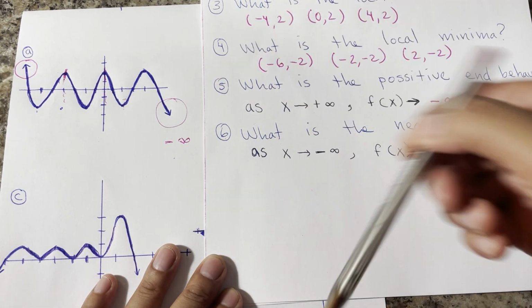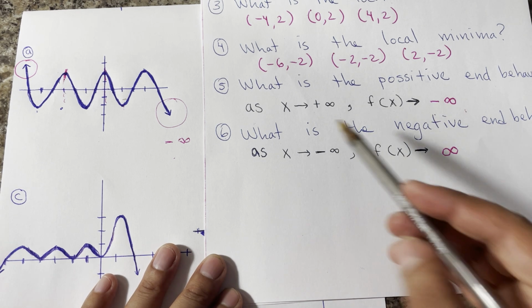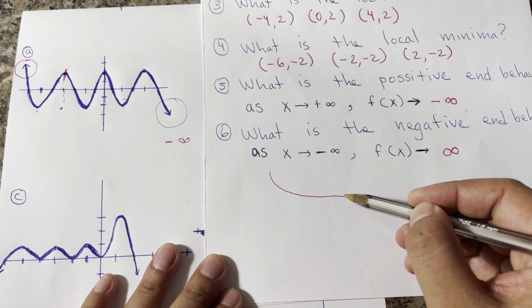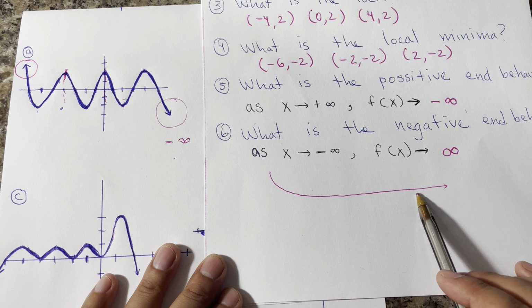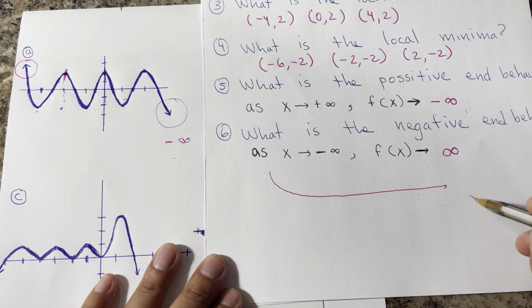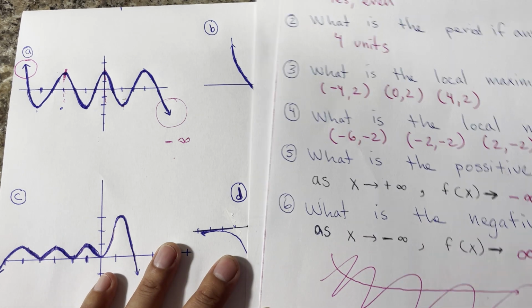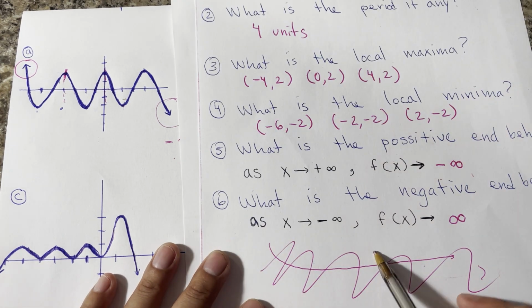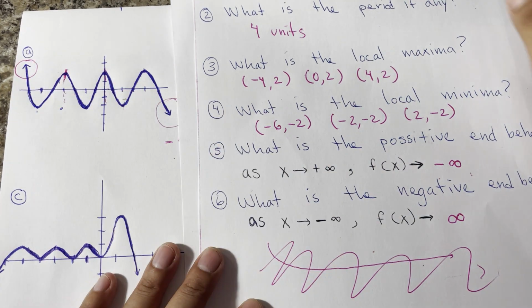If it points down, it's negative infinity. And if it curves like that and then continues on and on, then that's converging towards a number. But in here it is not converging, both ends are diverging, going away from the x-axis.